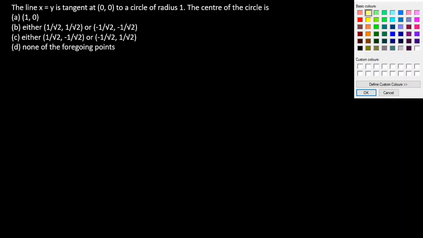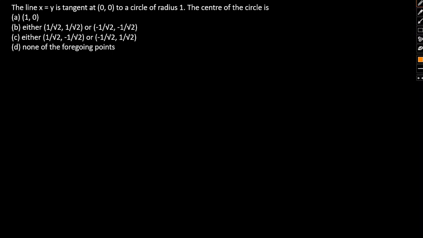So here, let the center be say (h, k). Therefore, it's given the radius is 1, so h square plus k square equal to 1. And also (h minus k) by root 2 is 1.